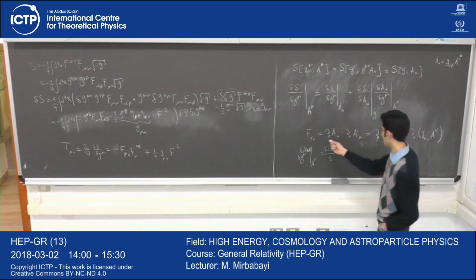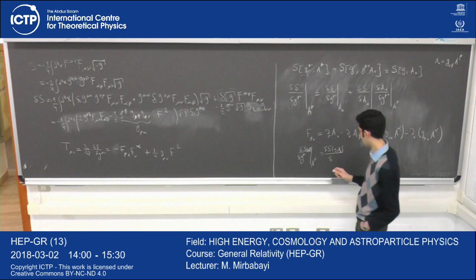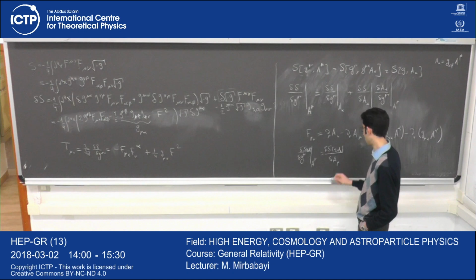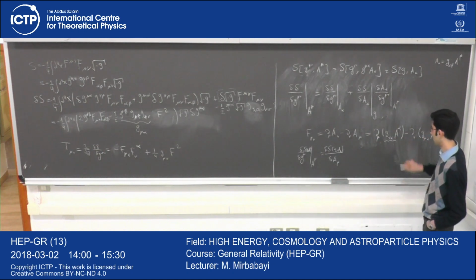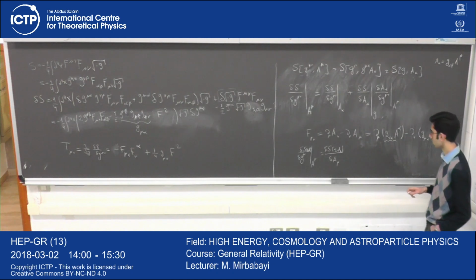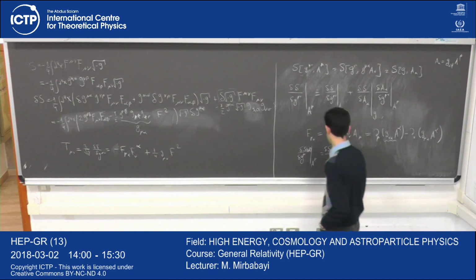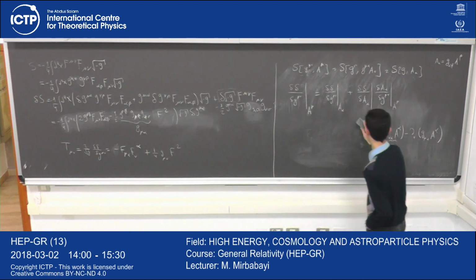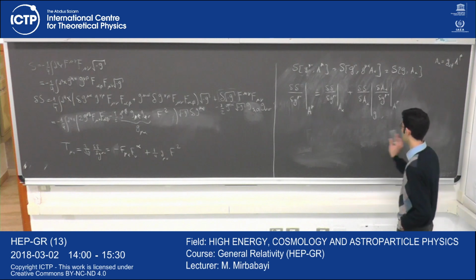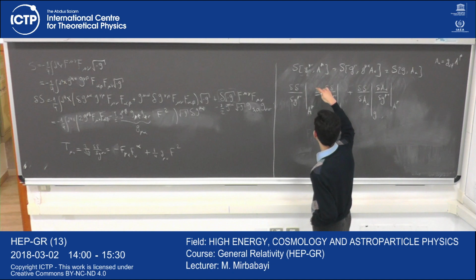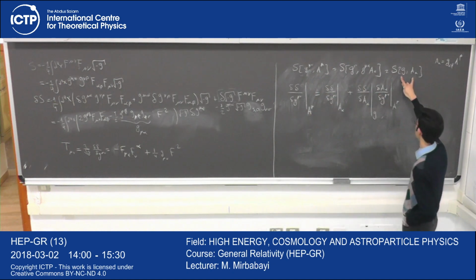In this term there was no g mu nu, so it was only F. I take the variation with respect to A mu with lower index, but remember that every A mu with lower index has a g mu nu in it. So that's what I'm doing. I'm saying that in this action, g mu nu comes from two places.